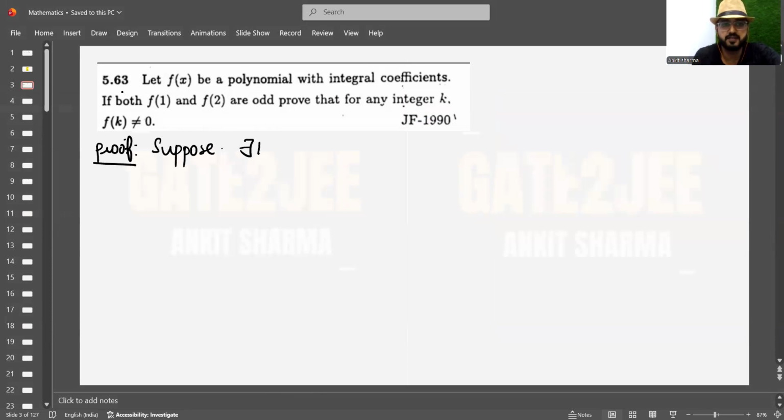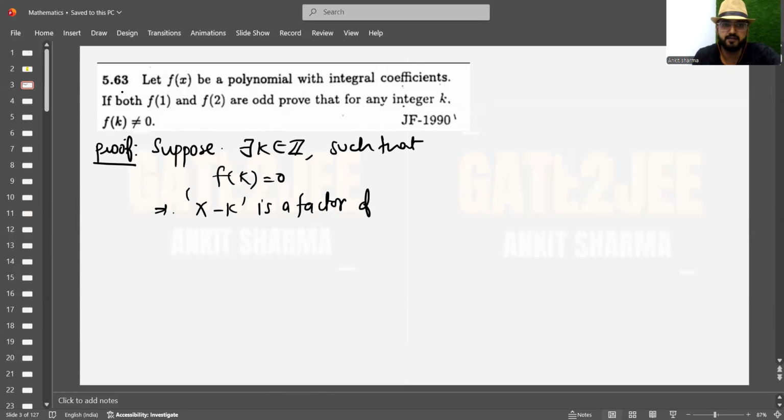Suppose there exists k belonging to integer such that f of k becomes 0. So if f of k becomes 0, this implies x minus k is a factor of f of x. That means I could write f of x is equal to x minus k into q of x.